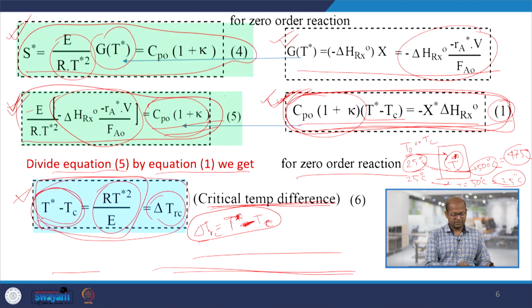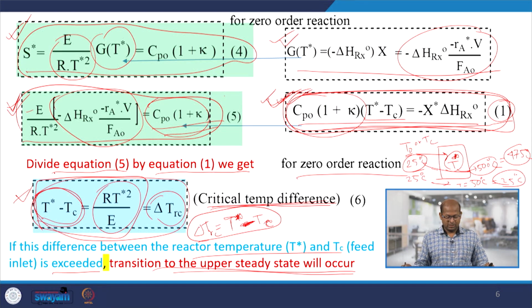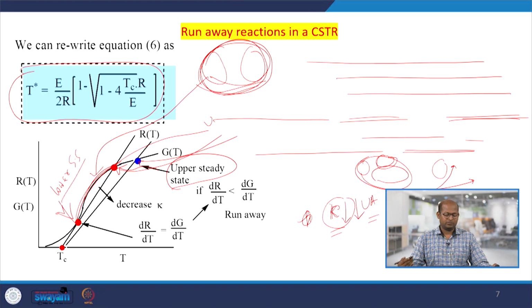That critical temperature should be such that we can avoid runaway conditions. If the difference between the reactor temperature and the feed temperature exceeds it, the transition to the upper steady state will occur, and then the reactor will operate at that steady state temperature. So, we have to look into how we can operate the reactor at lower temperatures, at a low steady state temperature.